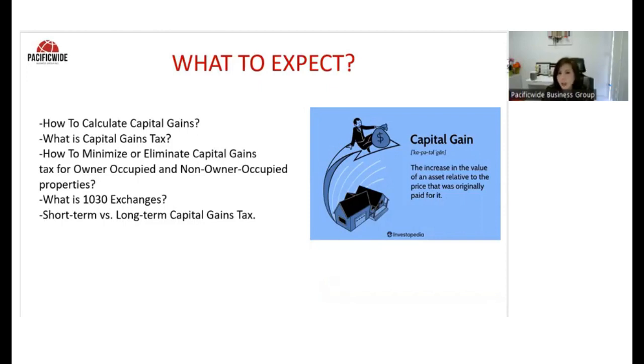We'll show you how to calculate capital gains, and then we'll talk about capital gains tax and how to minimize or eliminate capital gains tax for owner occupied and then for non-owner occupied. So this presentation is for both homeowners and for real estate investors.